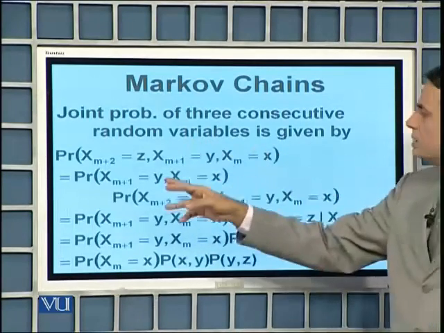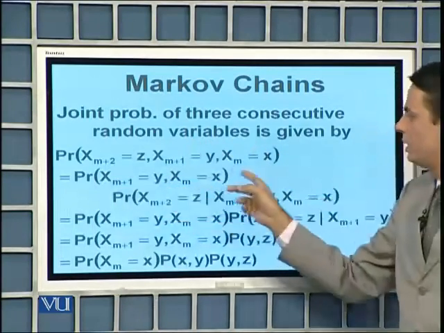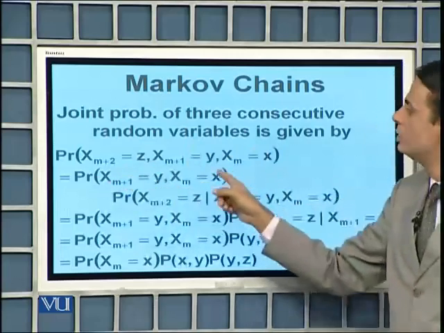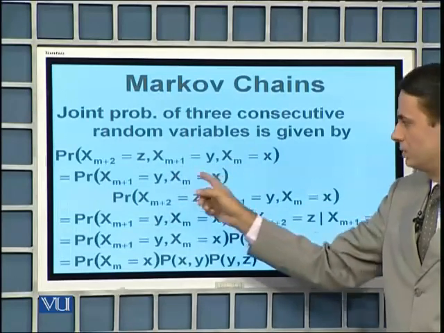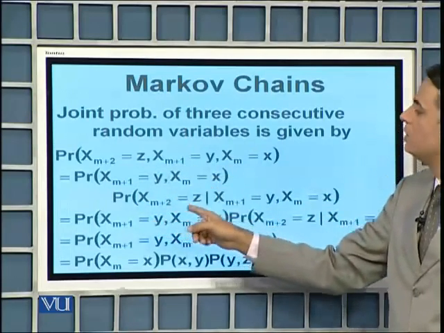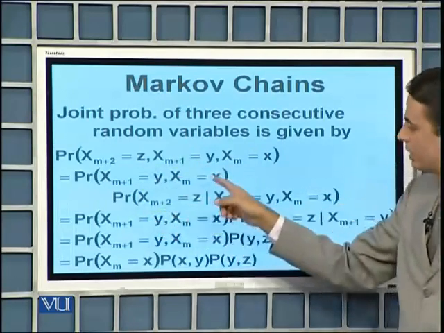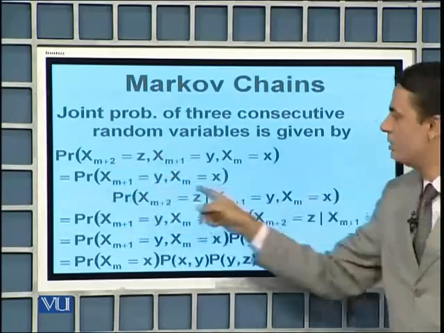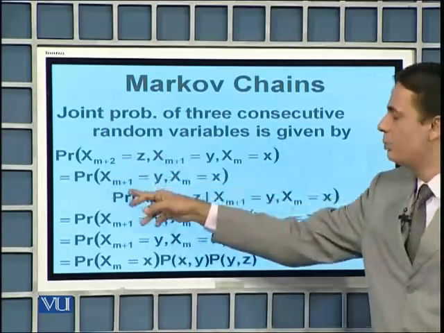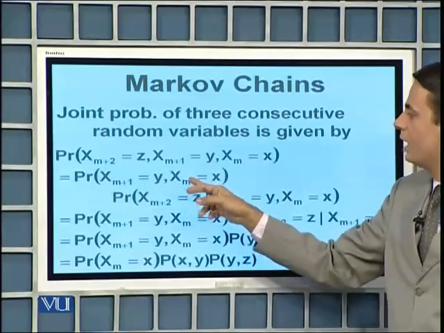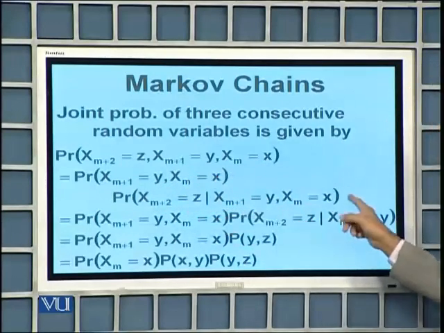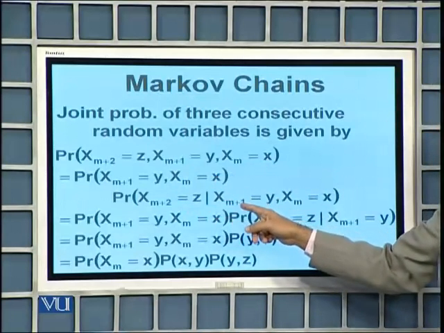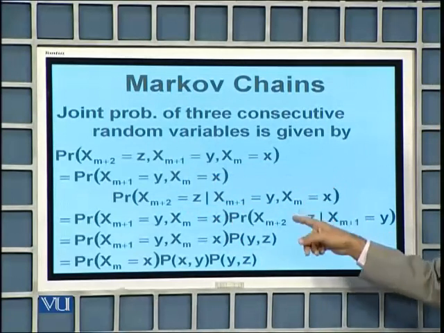So this is equal to the probability of the two random variables xm plus 1 and xm multiplied by the probability of the third random variable given that this event has occurred, that is xm plus 1 takes on value y, xm takes on value x. So the conditioning event has two random variables, xm plus 1 and xm, taking on values y and x respectively.